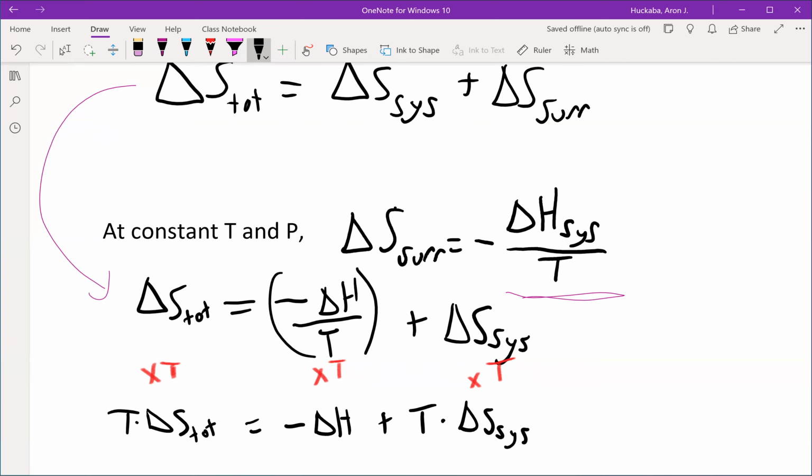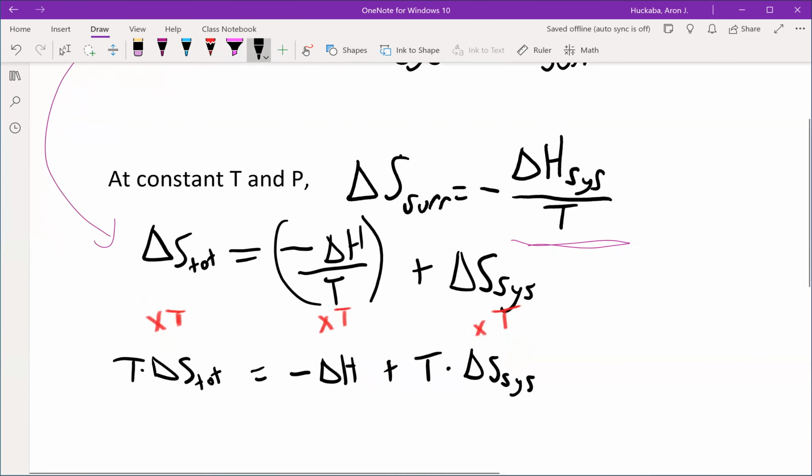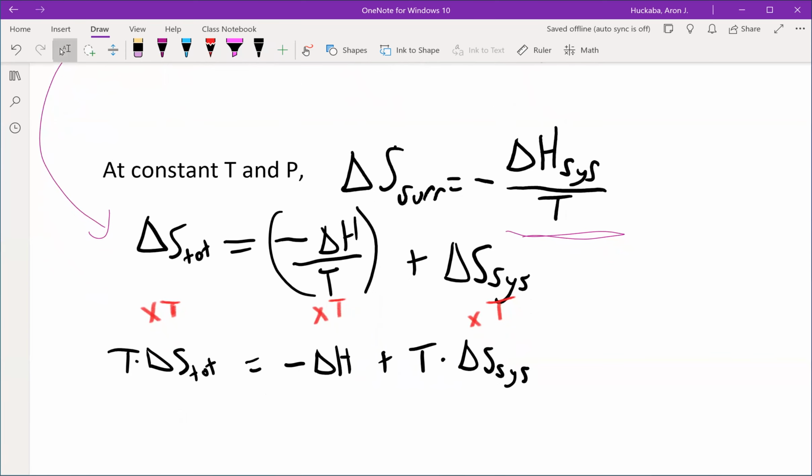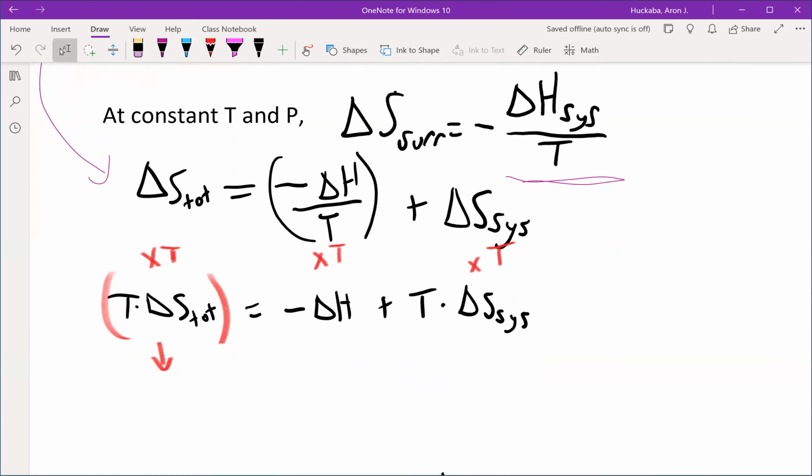So this chapter is about Gibbs free energy, and you might be wondering when we're going to talk about that. Well, the answer is right now, because this term, the temperature times the total entropy of a system, can be simplified to delta G, or the Gibbs free energy.